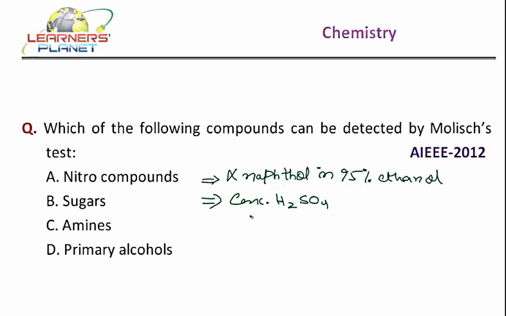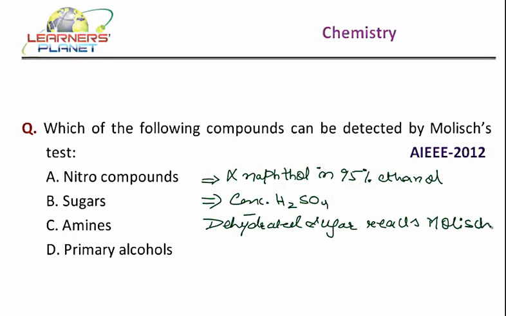Right? Now the concentrated sulfuric acid dehydrates the sugar, whatever sugar is given to you. Now that dehydrated sugar reacts with Molisch reagent, giving a violet colored ring. Right?